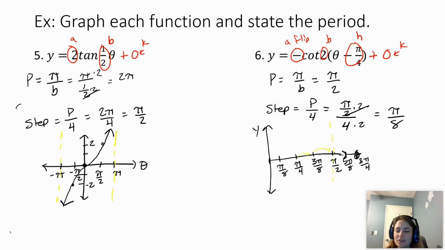We're not moving it up or down, so it's going to stay at 0. Y equals 0. We know that cotangent vertical asymptotes are 2 to the left, 2 to the right.